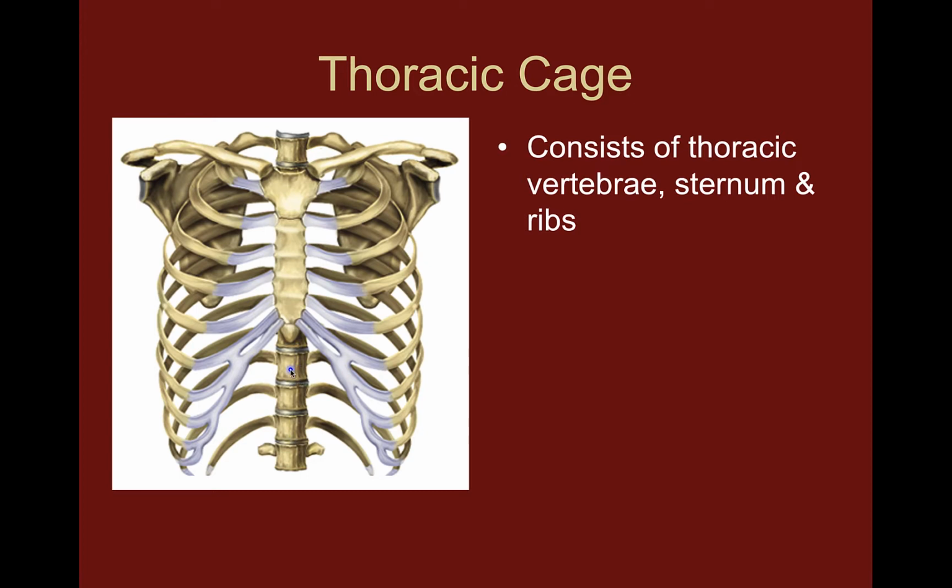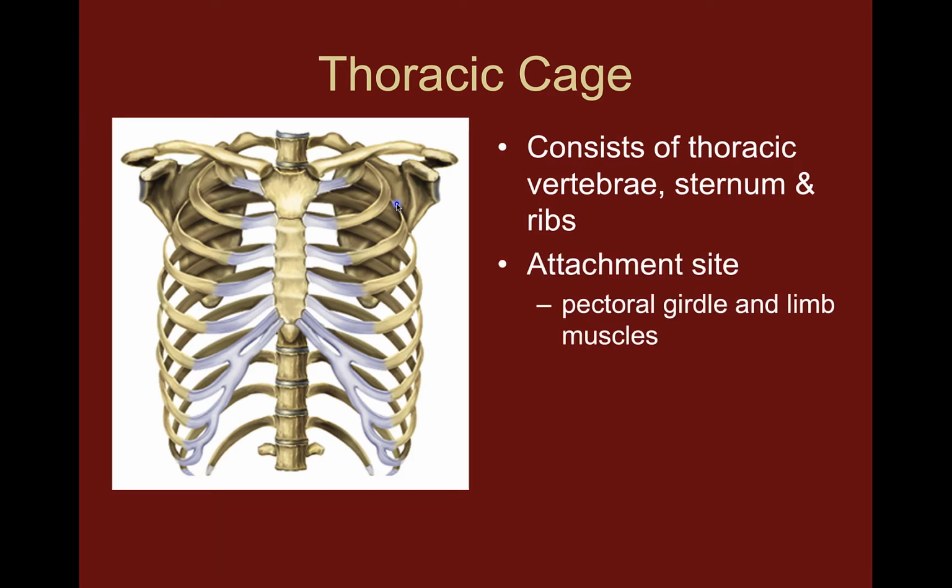You can see a couple posteriorly, our sternum, and our ribs. So these are going to offer a lot of protection for our heart and our lungs, and they're also going to act as an attachment site for that pectoral girdle, our clavicle and our scapula, as well as some limb muscles that will act on our arms.